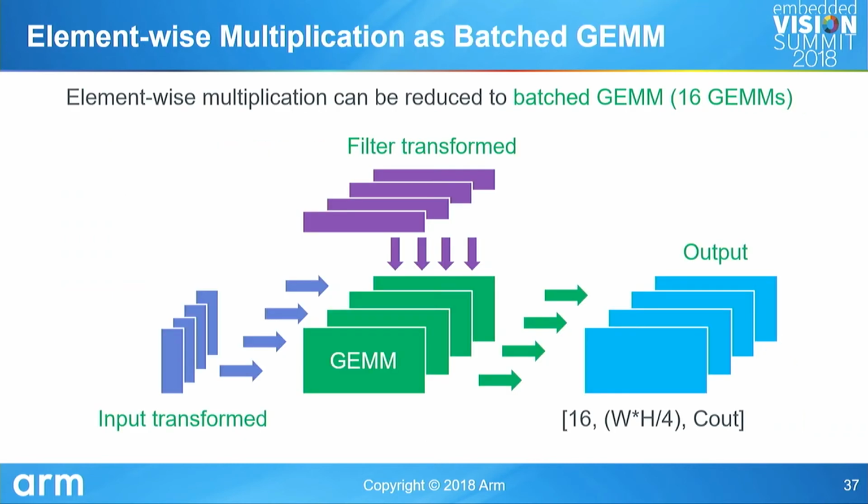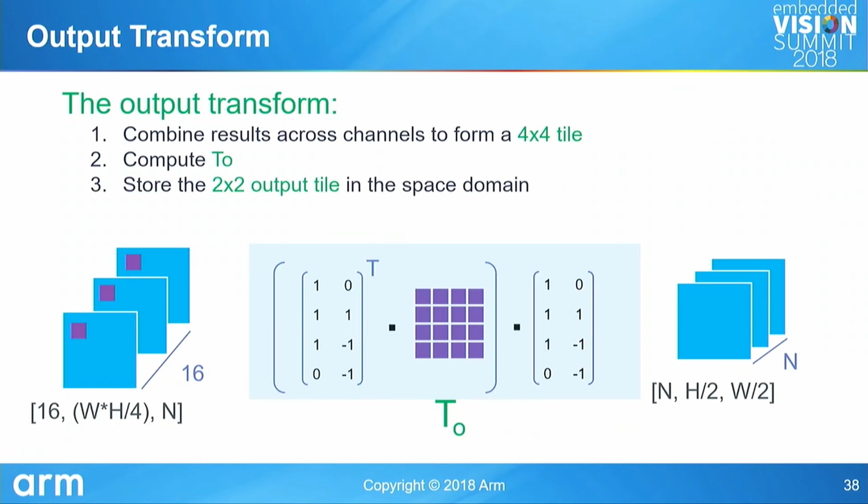Once we have the filter transform and the input transform, we are able to reduce the operations to a batch GEMM. So we can run in parallel these 16 GEMMs, okay? And we can move the computation to the final stage, which is the output transform. It is similar to the input transform and filter transform, but in this case, the values will not be on the same region anymore, but will be across the channels.